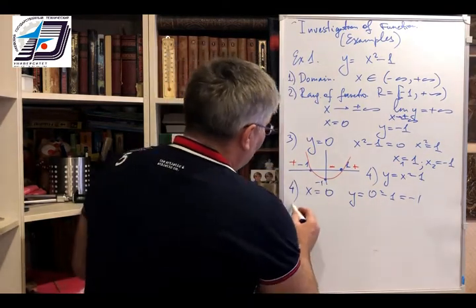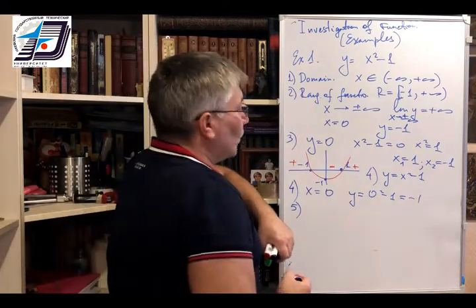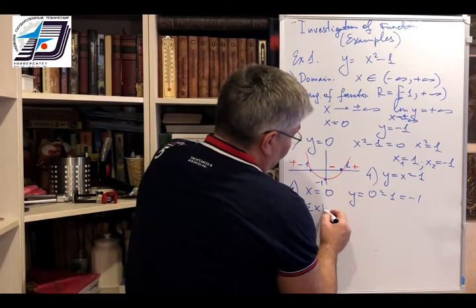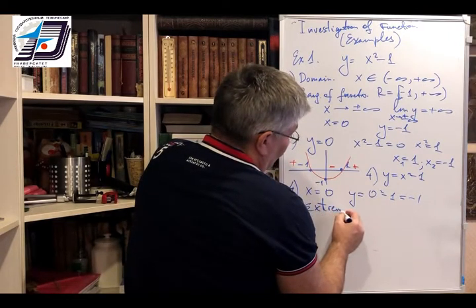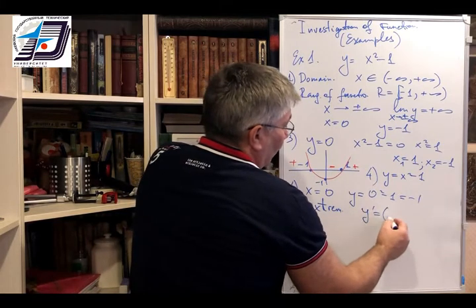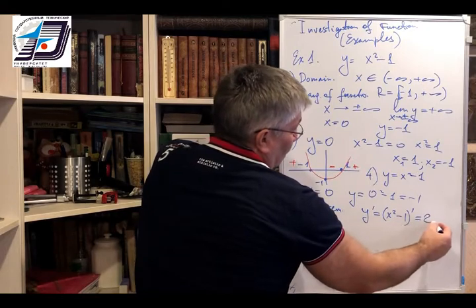The fifth step. We can calculate extrema of the function. To calculate extrema, we have to calculate the derivative of x squared minus 1, and it gives 2x.